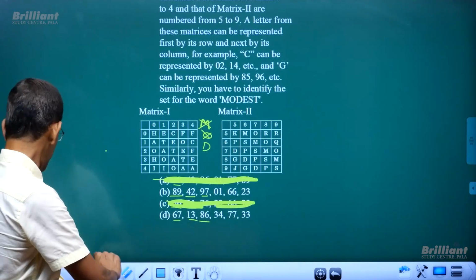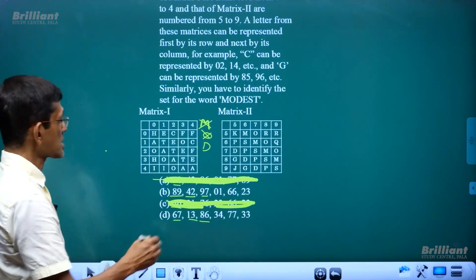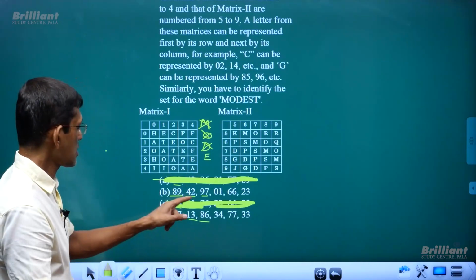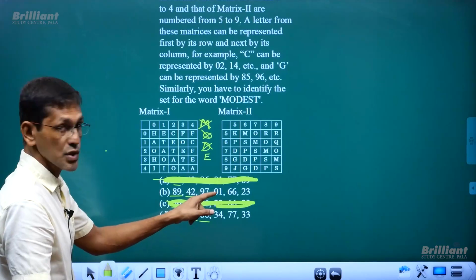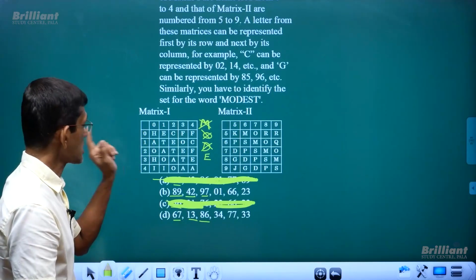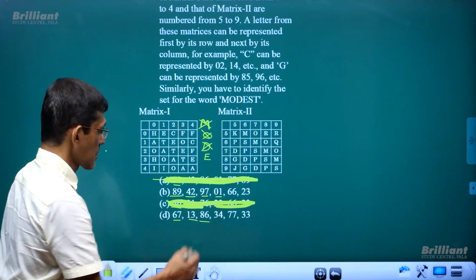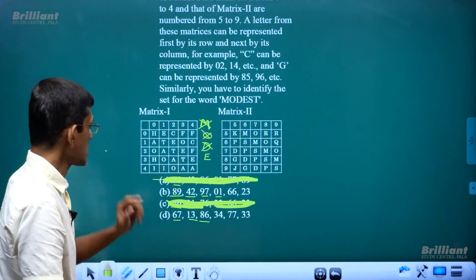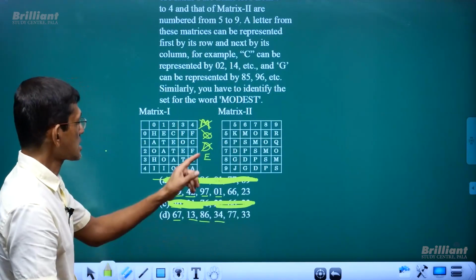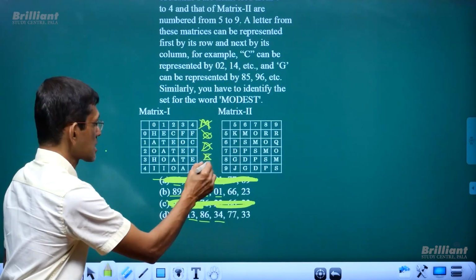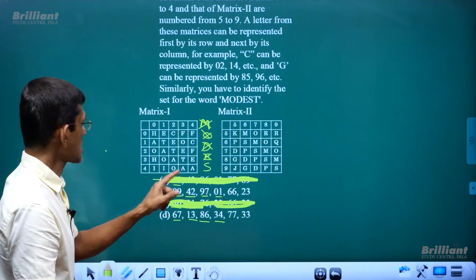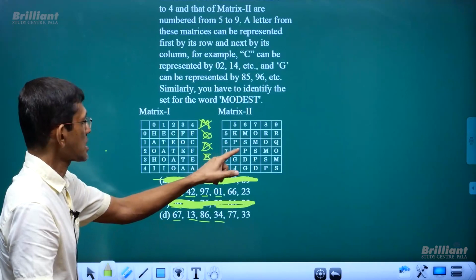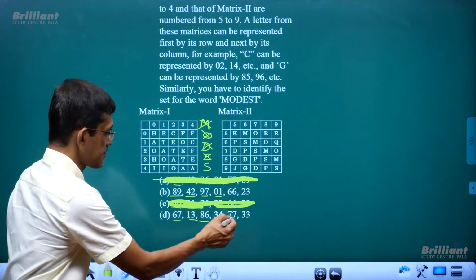Okay, now the next letter is E. For E, you have 1, 0, 1. 0, 1 is E, correct. And 34, 3 and 4 is E, that's correct as well. The next letter is S. 66, 6 and 6 is S, correct. 7 and 7 is S, correct.